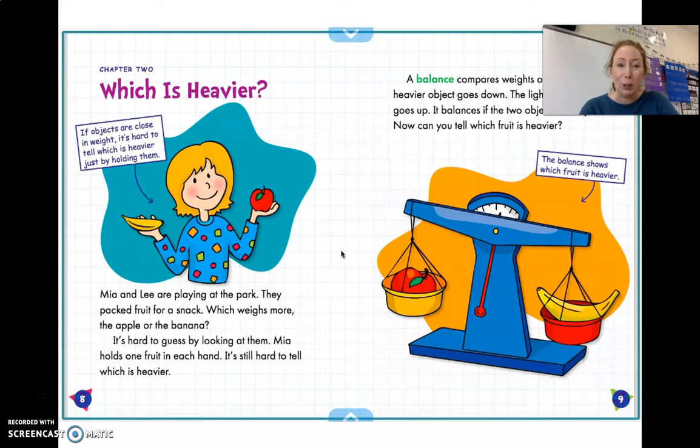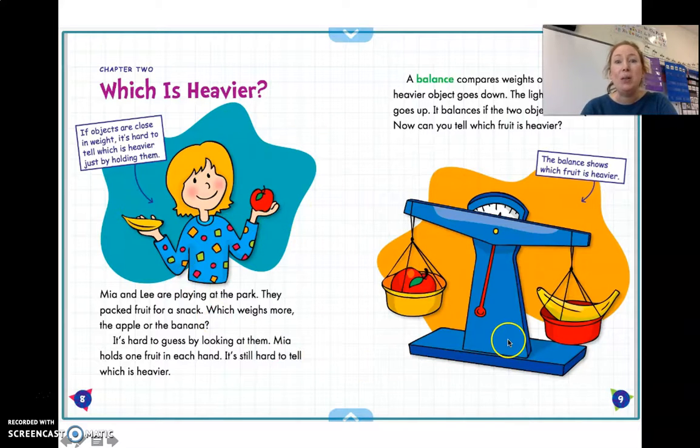If objects are close in weight, it's hard to tell which is heavier just by holding them. So here she's holding a banana and an apple, and she's not quite sure which one's heavier. She packed them for a snack, and she wants to know which weighs more, the apple or the banana. It's hard to guess by looking at them, and it's hard to tell by holding them.